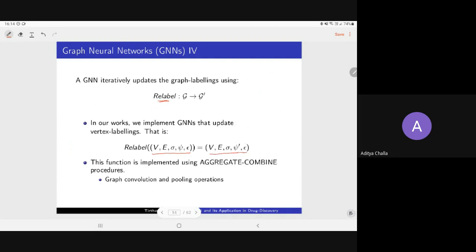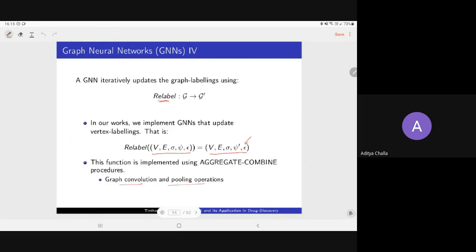You notice clearly that epsilon is not changed because in our implementation we are dealing with GNNs which only change the vertex labels. So this relabel function is in practice implemented using some kind of aggregate and combine procedure. More on this can be read from our paper, which are mainly graph convolution and graph pooling operations.